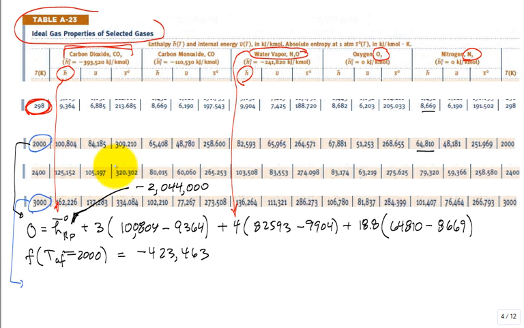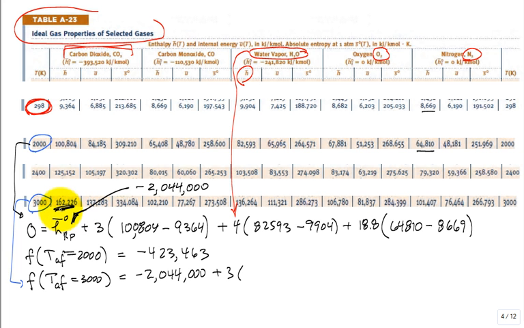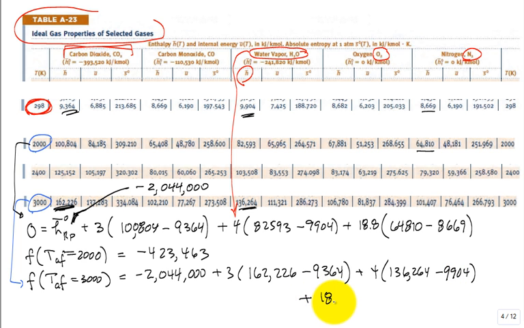Let's pick 3,000 and rerun it. So we'll say the function that I want to be equal to 0 when I pick 3,000 is equal to negative 2,044,000, the standard enthalpy of combustion, plus 3 times, then I'm going to use this value for the enthalpy at that elevated temperature, 162,226 minus the same value, 9,364, plus then 4 times for the water vapor, 136,264 minus 9,904 plus 18.8 times 101,407 minus 8669.